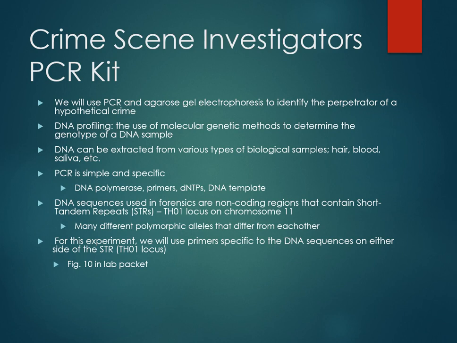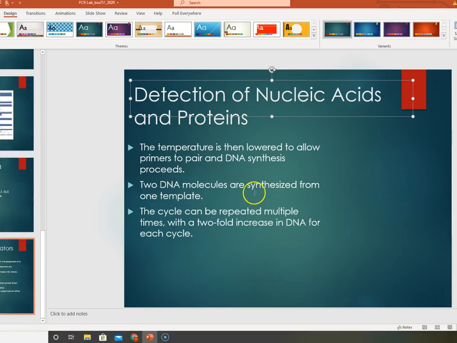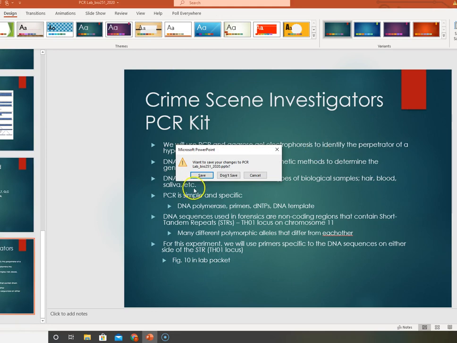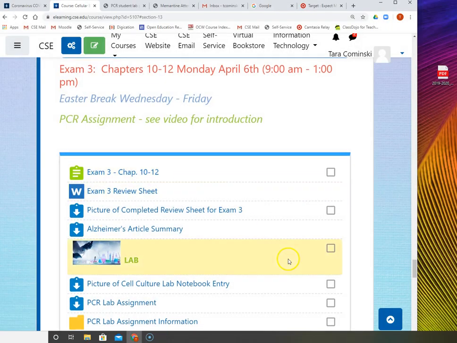So it's important in forensics that they're picking these particular regions that really vary from individual to individual. And like I said, those primers will be specific to that locus. And again, you are going to read through that lab packet and answer those questions like I showed you before. So that was just a little bit of background information about PCR in general.